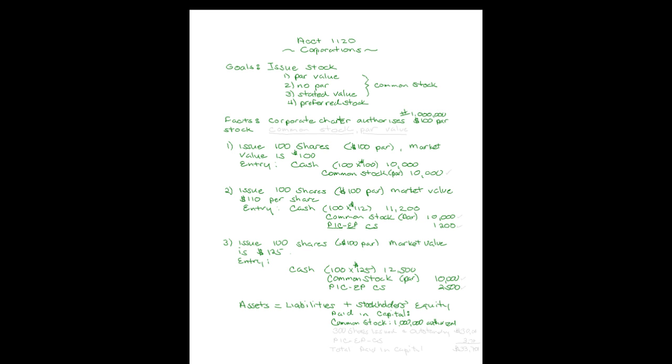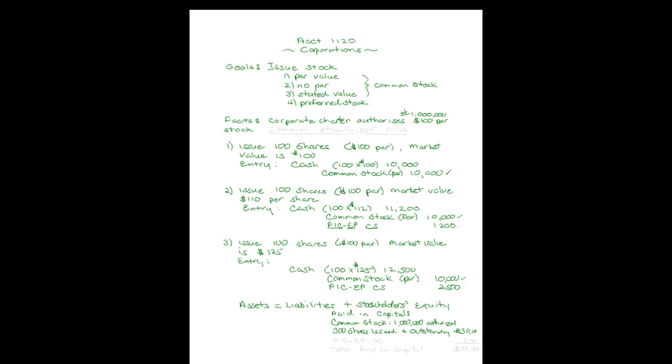It would also say 300 shares are issued and outstanding, meaning they're still out there trading. And the dollar amount for this common stock would be 10,000 from our first transaction, 10,000 from our second, 10,000 from our third, so we would have $30,000 in common stock.